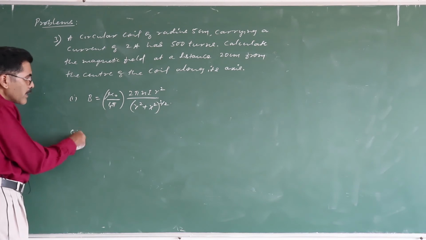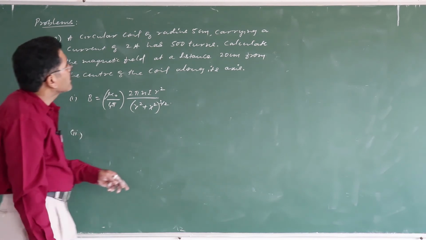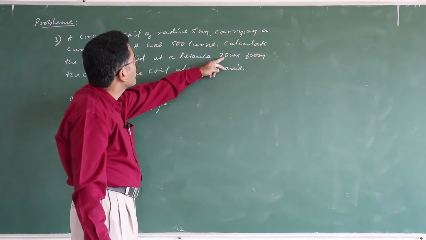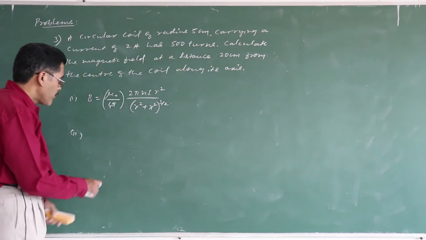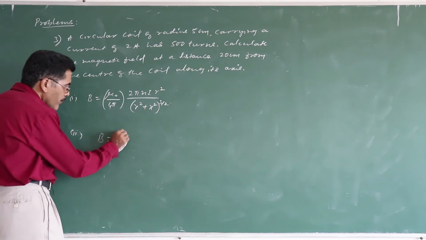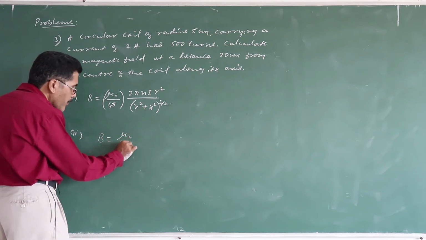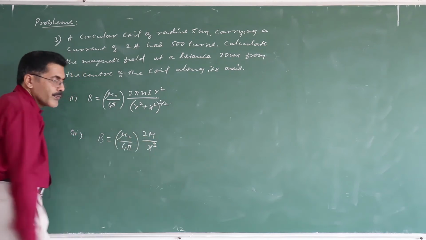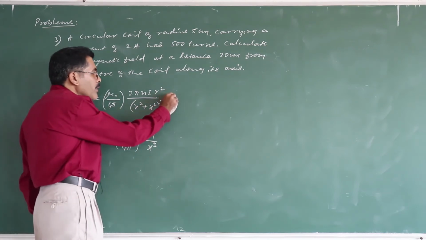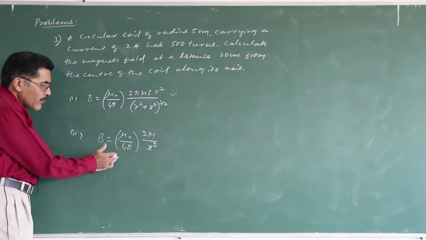The second way is that since x is very large compared to radius, I just go for approximation. B is equal to mu naught by 4 pi 2m by x cube. You please try and find out the value. I just go for this.